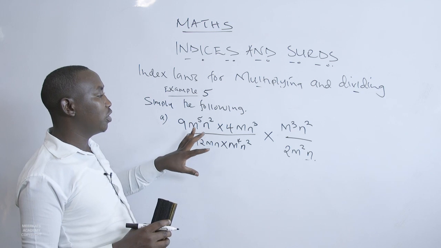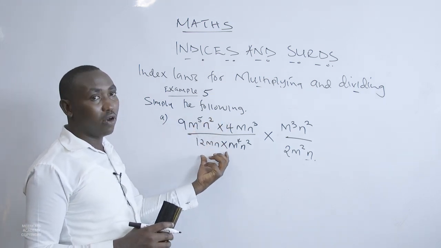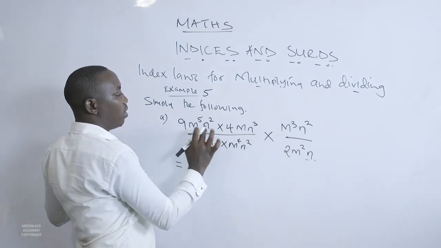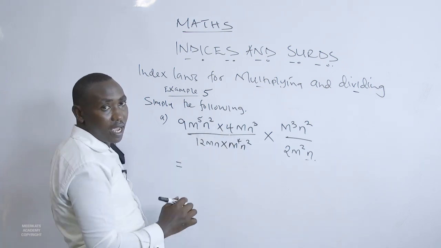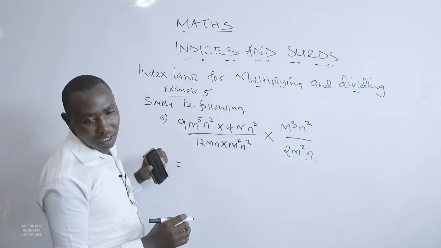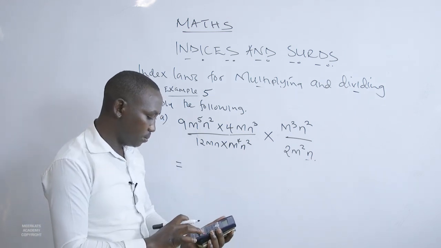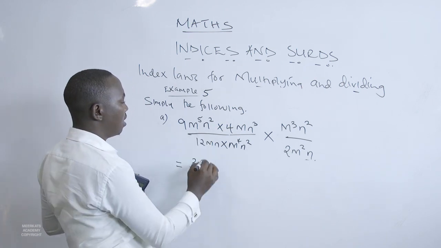For us to solve this, we can solve the numerator first, then followed by the denominator. So in this case, we multiply these constants, which is 9 by 4. 9 by 4 will give us 36. So we shall have 36.